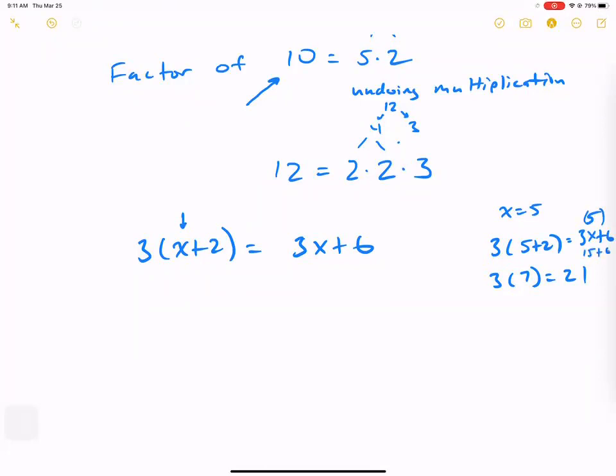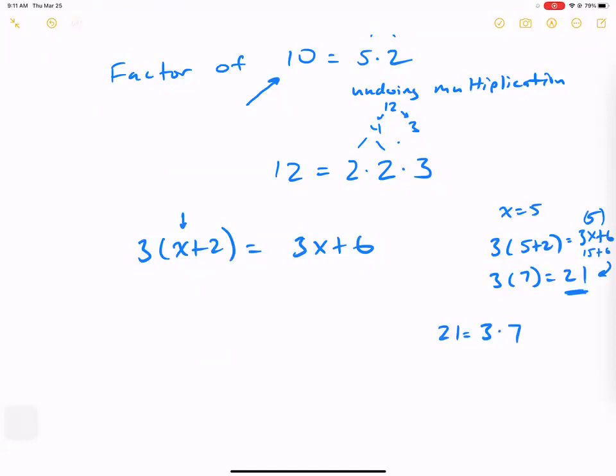And 15 plus 6 also 21? Right? So both these versions work if I plug in a number. They should work if I plug in any number. So my question now is, what numbers make up 21? Well, the numbers are 3 times 7, right? Isn't 21 just 3 times 7?